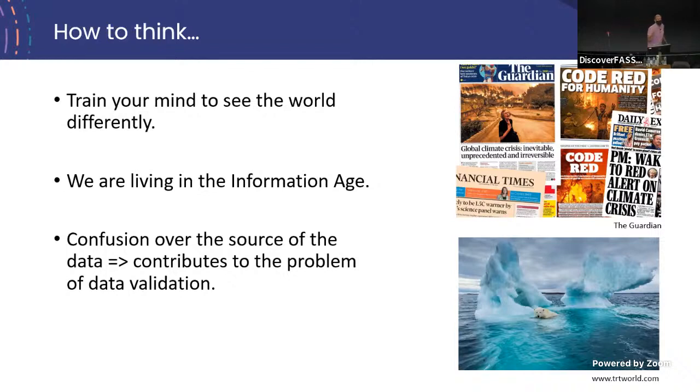If you're confused over the source of the data, then that contributes to the problem of data validation. You don't really know who has come up with that particular data or information. So all of this leads to a big problem, okay? How do you make a proper assessment of environmental change if you don't really know the source of the data or the information that you are getting?